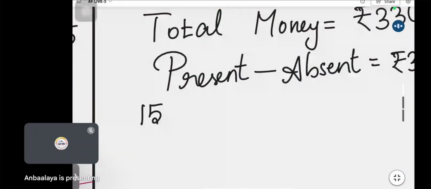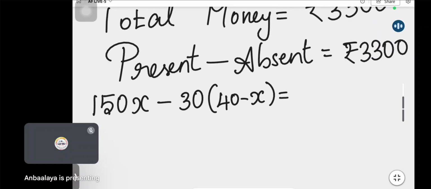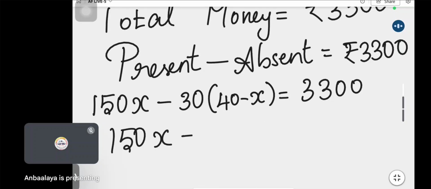Now we need to substitute. The money received for the days present, 150x, minus the fine for days absent, 30 into 40 minus x, is equal to 3,300. What is the next step? Multiply inside.